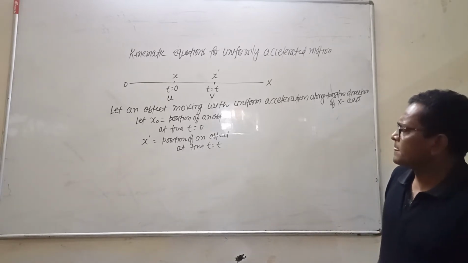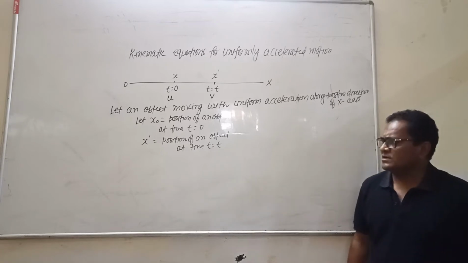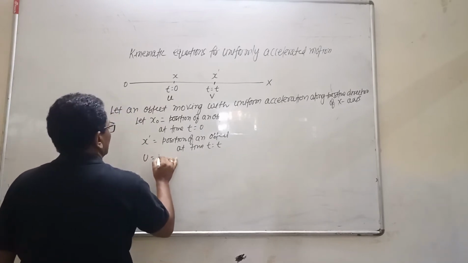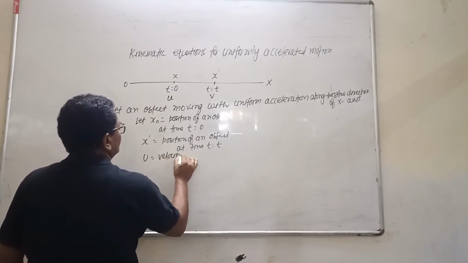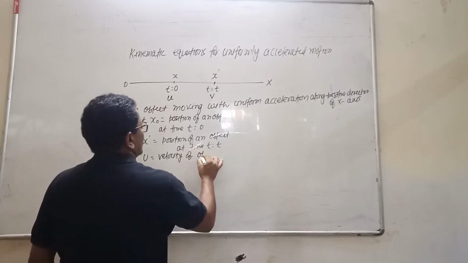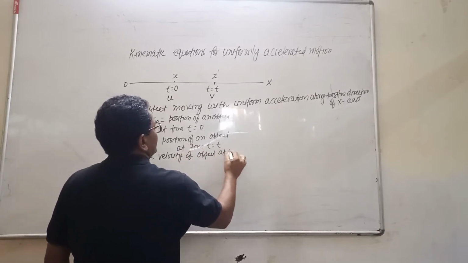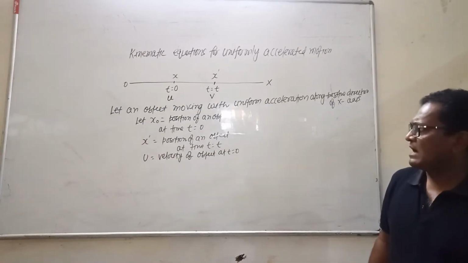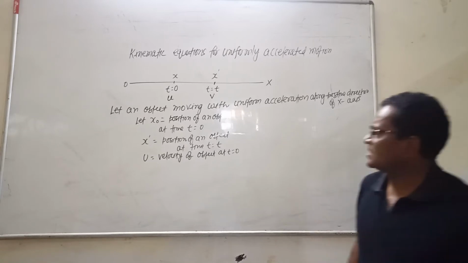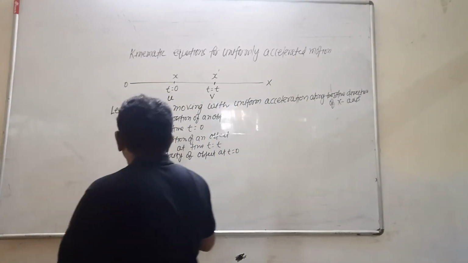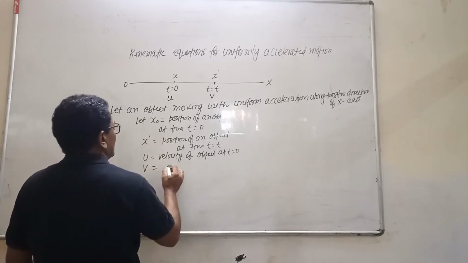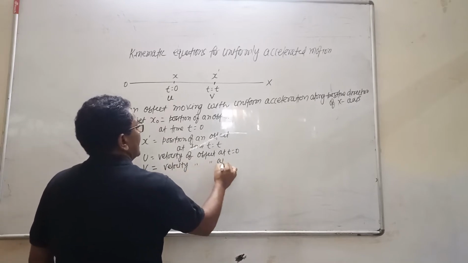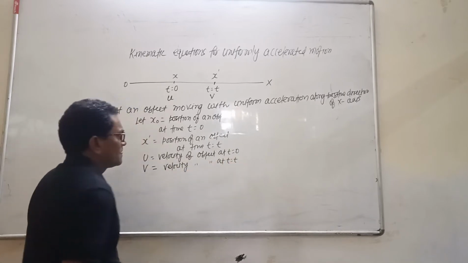u is the initial velocity. u is the velocity of the object at time t equals 0, and v is the velocity of the object at time t equals t.